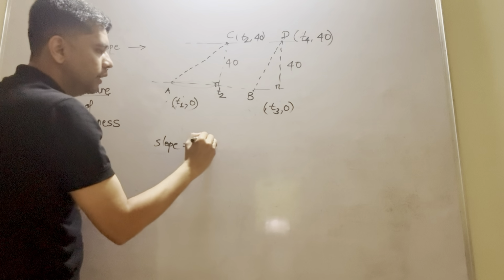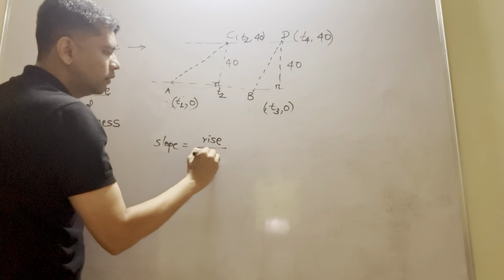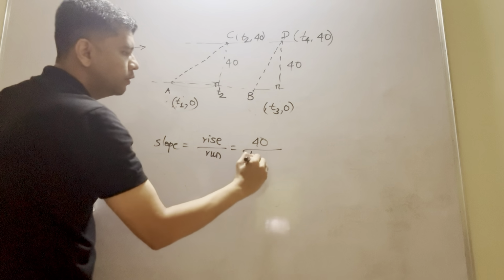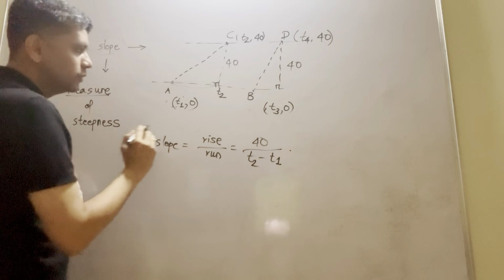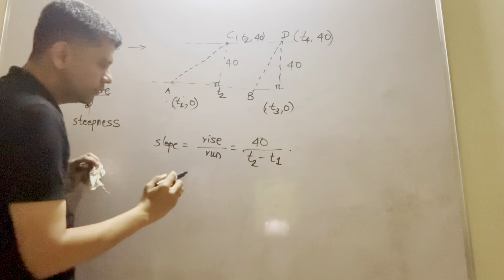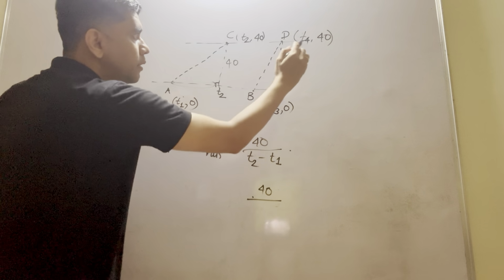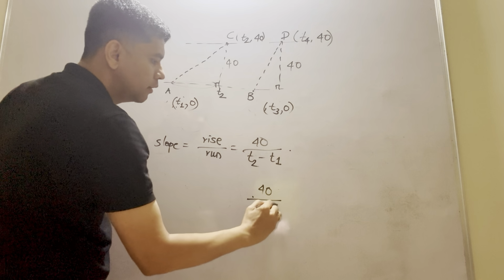You can say it is rise over run. So it is 40 meters you have risen divided by t2 minus t1 for the first one. In the second case, you are again covering a distance of 40, but the time taken is t4 minus t3, right?